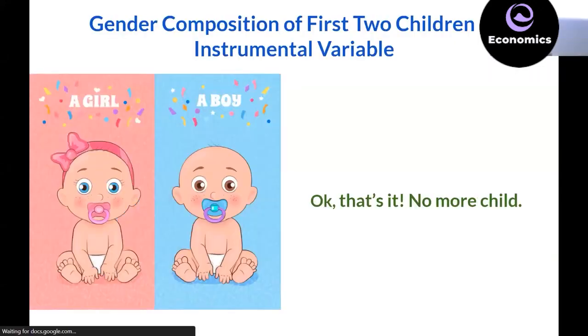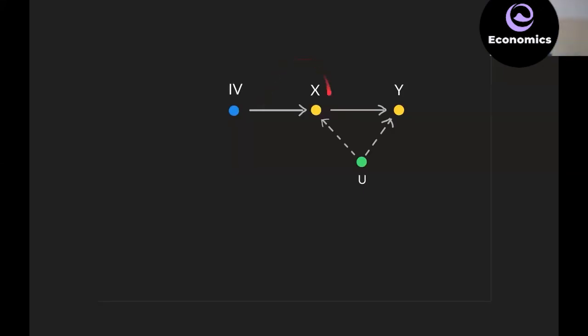Using that randomness, they got exogenous variation in the number of children, 2 or 3, and figured out that indeed the number of children impacts people's labor supply decisions, to what extent they work full-time or part-time, what kind of job they take, and so on.